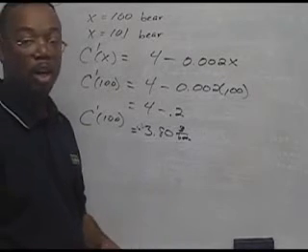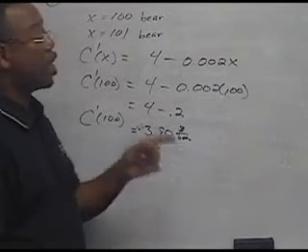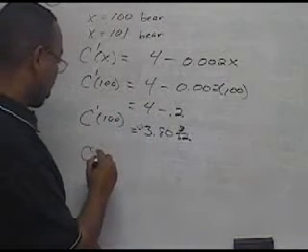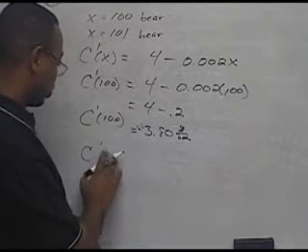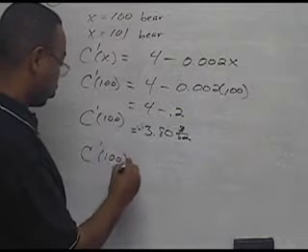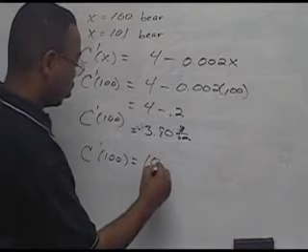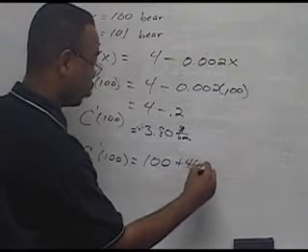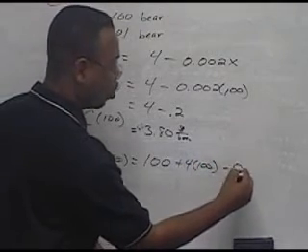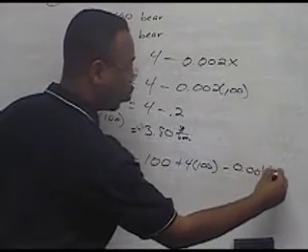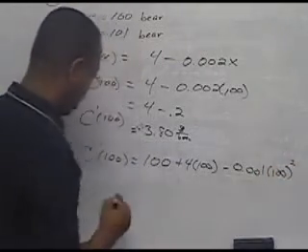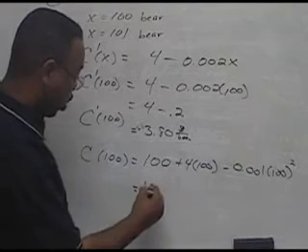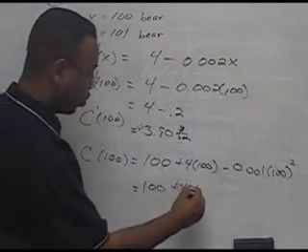Well, let's find the cost of making 100 bears. The cost to make 100 bears is 100 plus 4 times 100, and then minus 0.001 times 100 squared. And the cost, I'm sorry, it's not marginal, it's just cost. So this will be 100 plus 400.